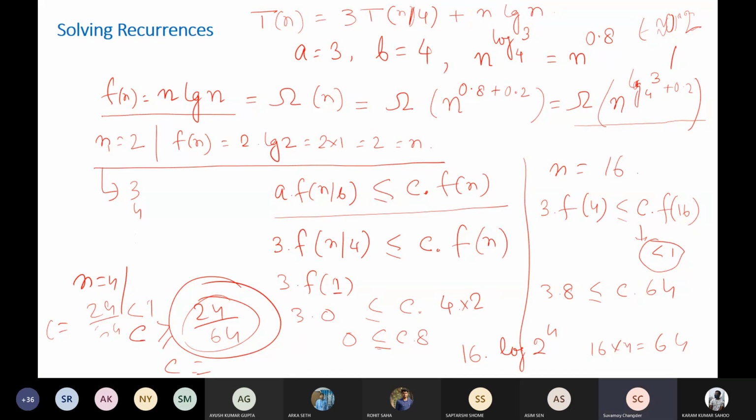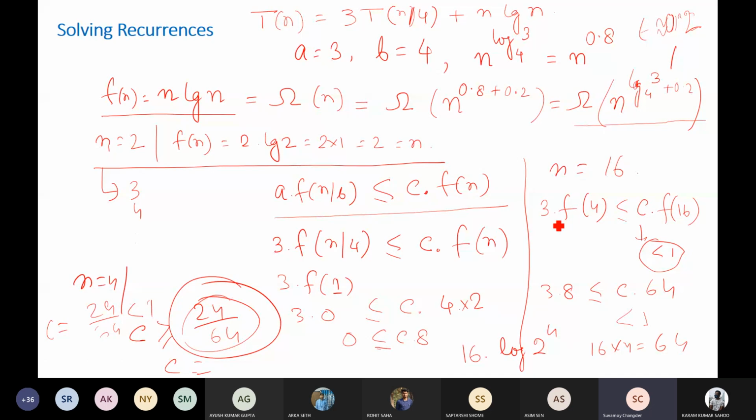So therefore there exists a value of c which is less than 1, for which a into f of n by b is less than or equal to some constant c into f of n. Therefore the first condition is true, the second condition is also true.